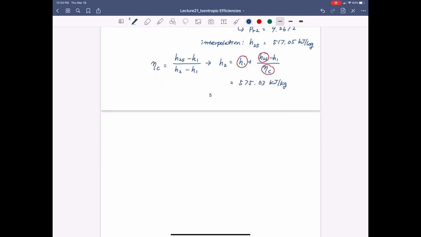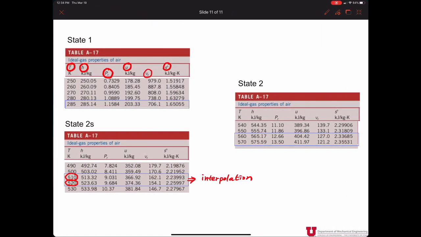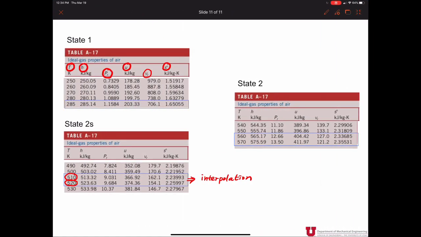Okay, then let's go back to the table. Again, we have to find the range of temperatures where we have the enthalpy value of 575.03 kilojoule per kilogram. By looking through the table, we find that this enthalpy should be in between 560 Kelvin and 570 Kelvin.